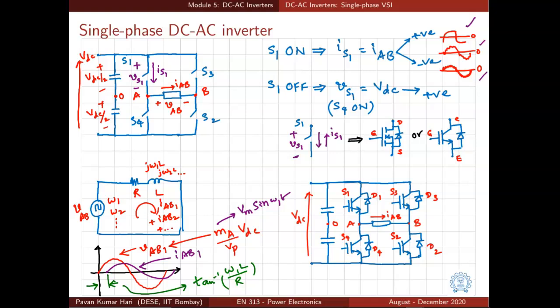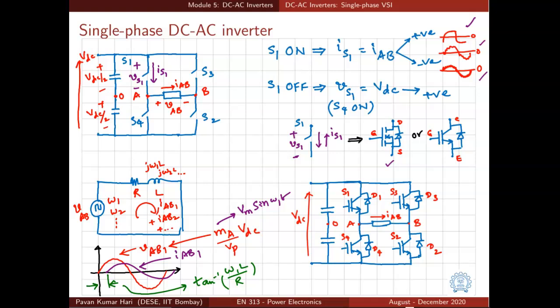So naturally S1 can be replaced by a MOSFET, which already has an anti-parallel diode, which is known as body diode within the structure. So MOSFET is shown here, which can easily replace the switch S1 for practical implementation.